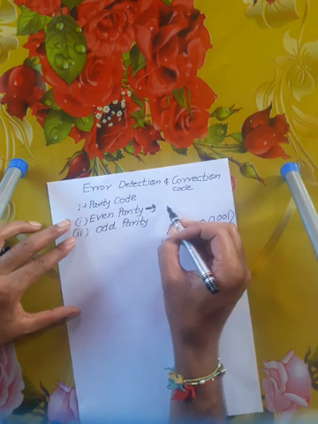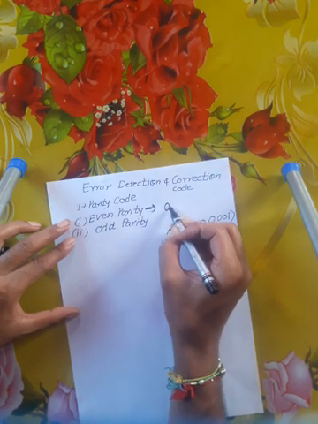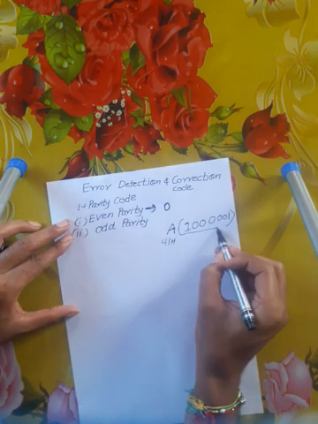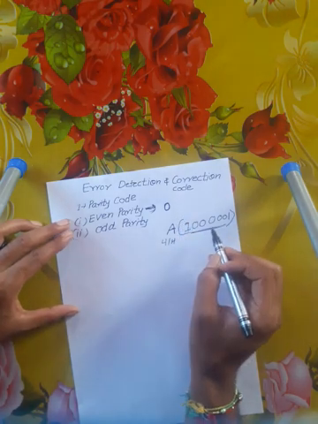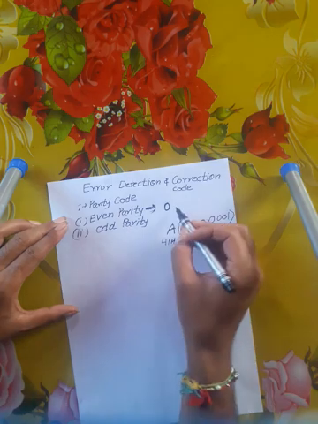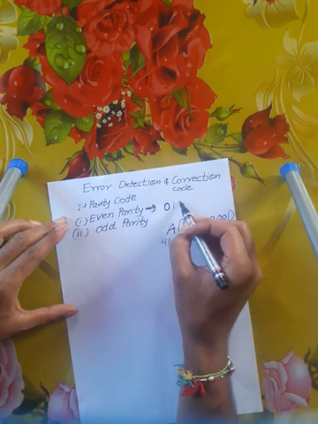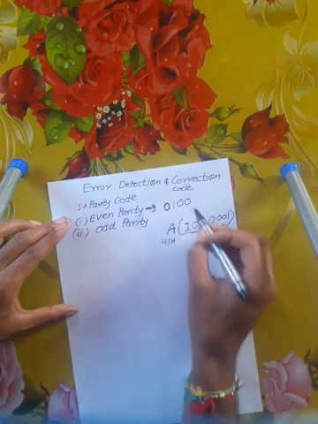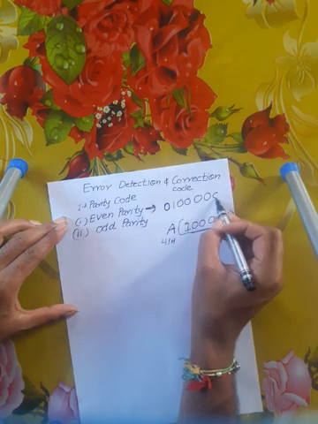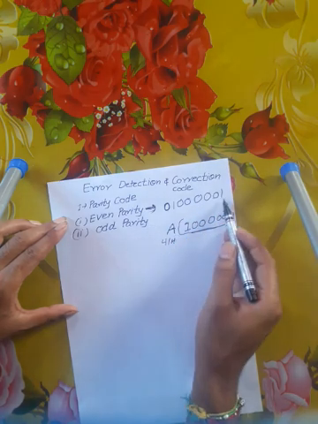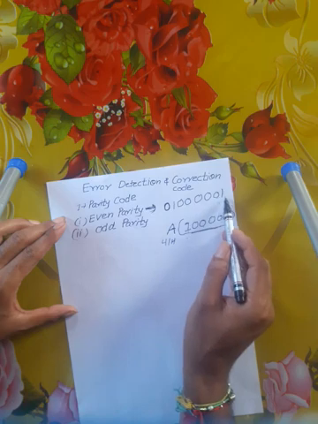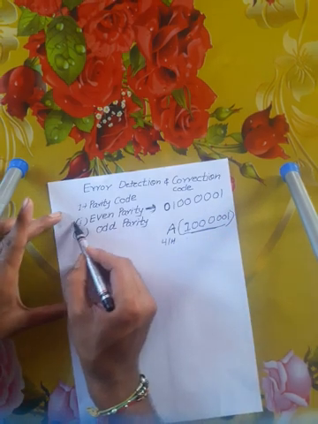So you will add 0. This 0 is your parity bit, added to your message signal. So what will be the answer? 0 100 0001, and now you can check the total ones are even. So this is called even parity.